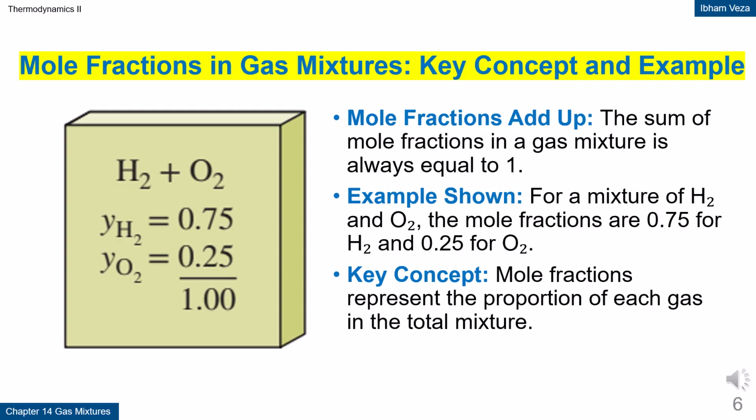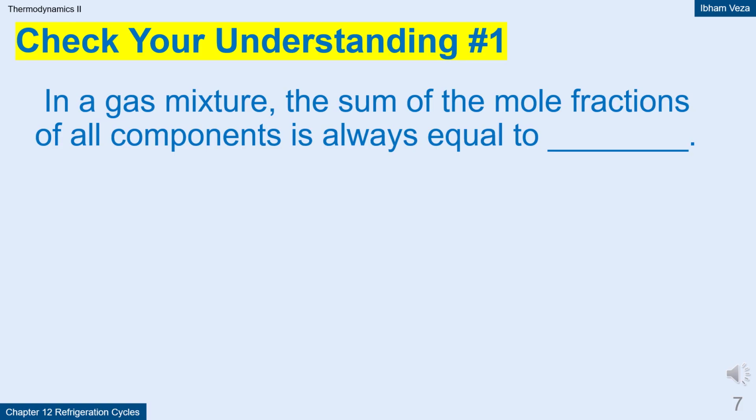This concept is crucial because many mixture properties are expressed as mole fraction weighted averages. Mole fraction also plays a direct role in Dalton's and Amagat's laws. In a gas mixture, the sum of the mole fractions of all components is always equal to 1.